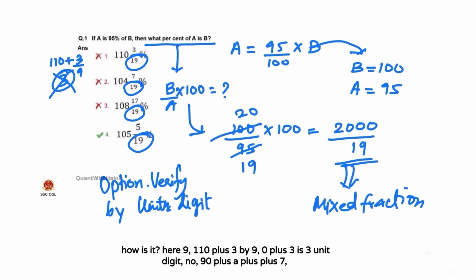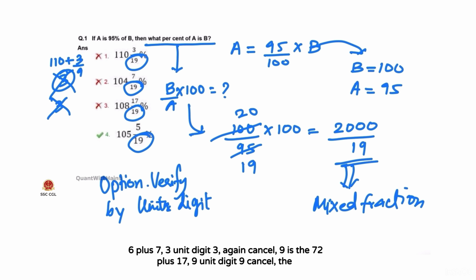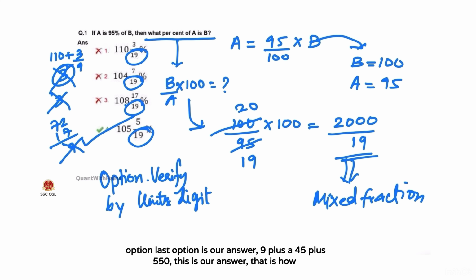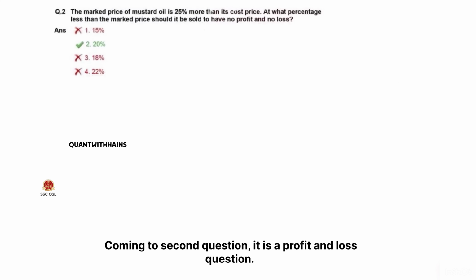Unit digit? No. 19 times 4 is 36 plus 7, 6 plus 7, 3. Unit digit 3. Again cancel. 9 times 8 is 72 plus 17, 9. Unit digit 9. Cancel. Now the last option is our answer. 9 times 5 is 45 plus 5, 50. This is our answer. That is how we solve in the exam.